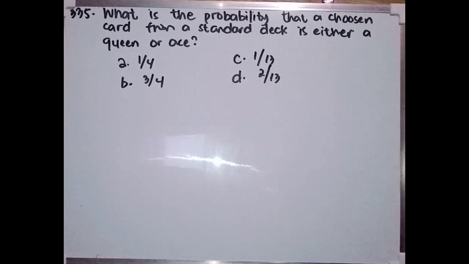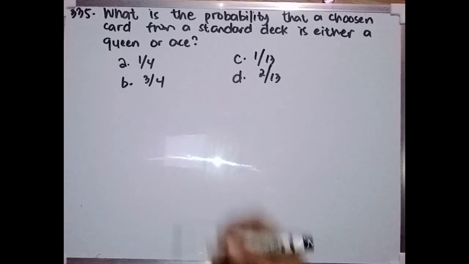335. What is the probability that the chosen card from a standard deck is either a queen or ace? So there are 4 queens and 4 aces in a standard deck of 52 cards. And the events are mutually exclusive.